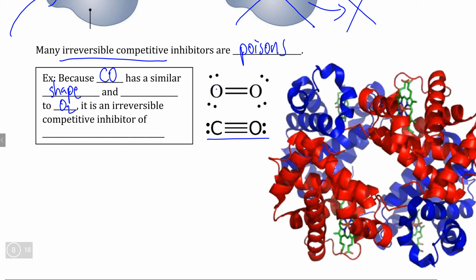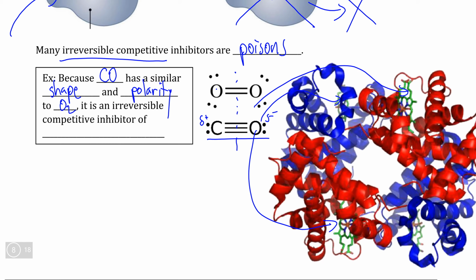Both of them have a straight linear shape, and both of them have electrons equally distributed on both sides, meaning that they also have the same polarity, given that they are both effectively nonpolar compounds, although yes, carbon monoxide does have a slight dipole because of electronegativity differences.